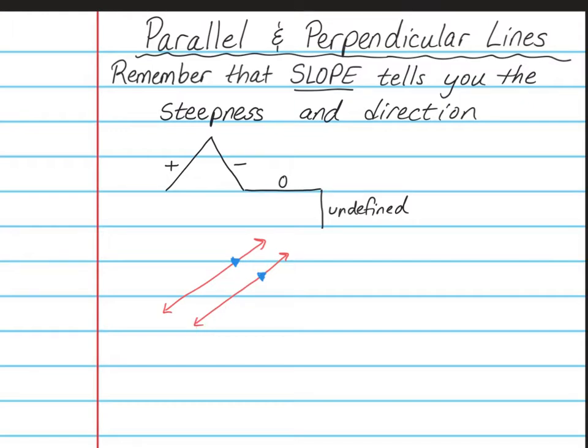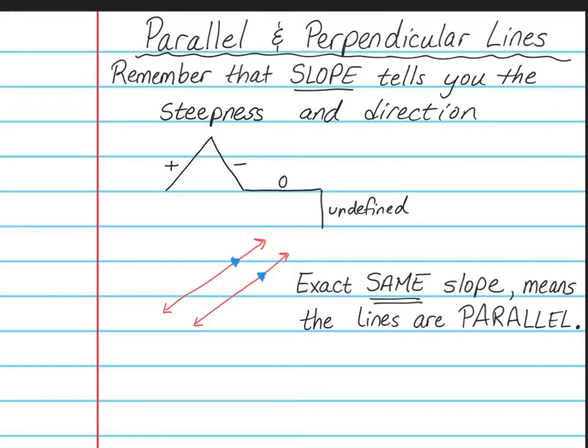These two parallel lines have the same steepness and they are also going in the same direction. So if you have two lines that have the exact same slope, then those two lines will be parallel.